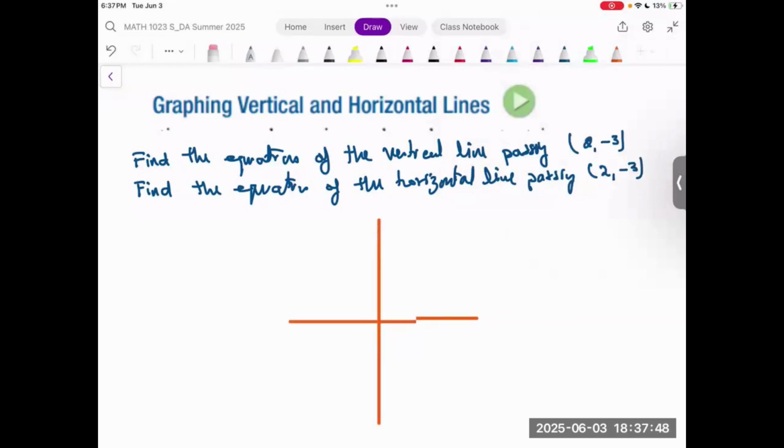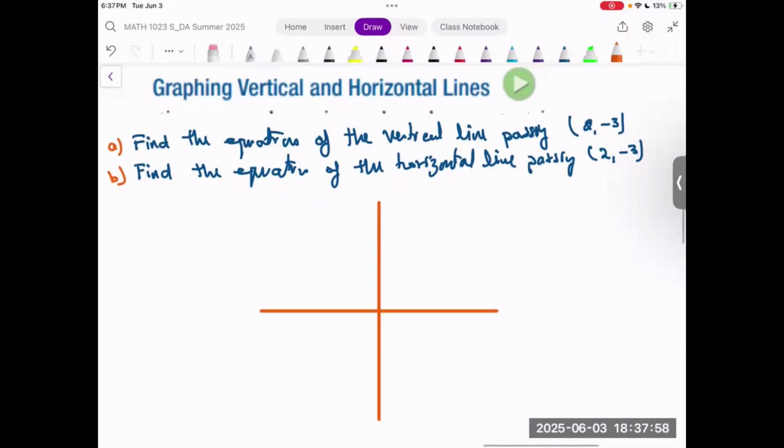By the way, I'm going to do both of them, A and B. So obviously here 2, -3, I guess everybody can do this. 2 over here, -3 over here. And the point that you're looking for is this point.